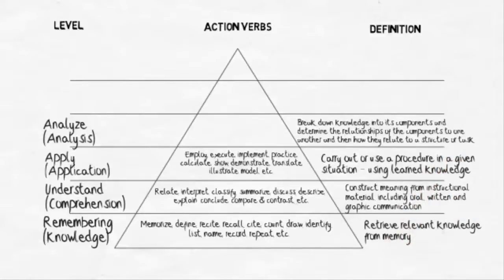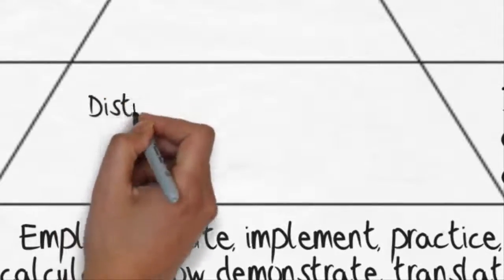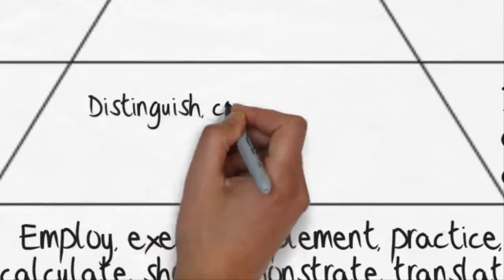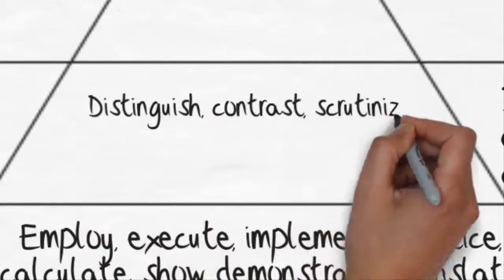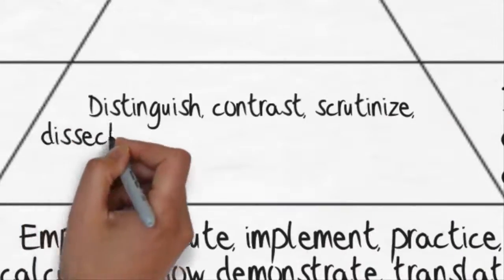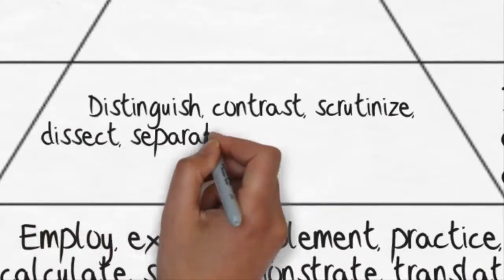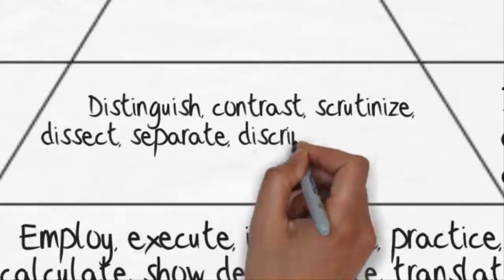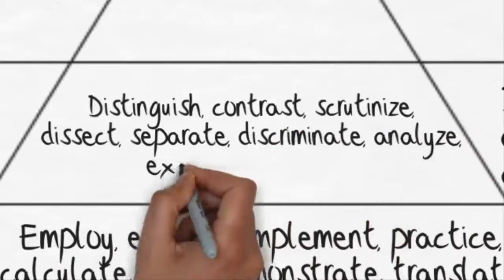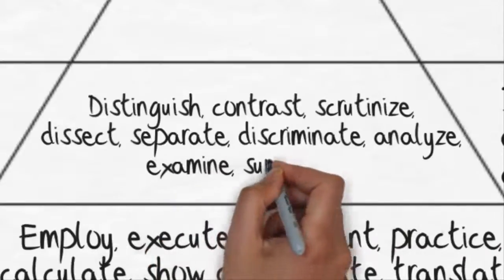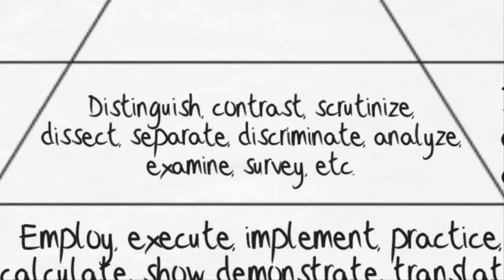And the action verbs you'll find here get into things like distinguish, contrast. We may ask them to scrutinize or even dissect, but they're able to somehow discriminate and analyze these component parts and being able to explain or to determine the relationships between them.